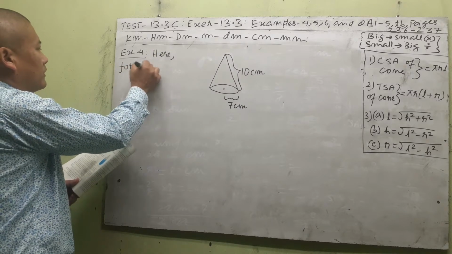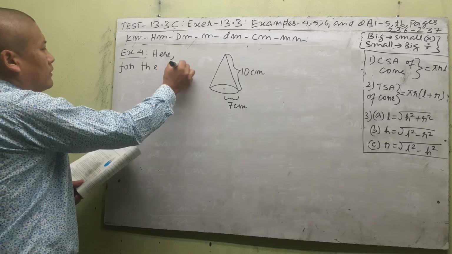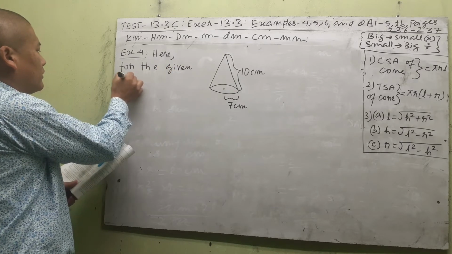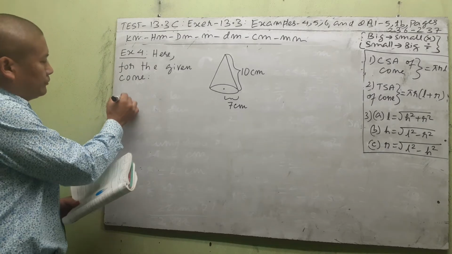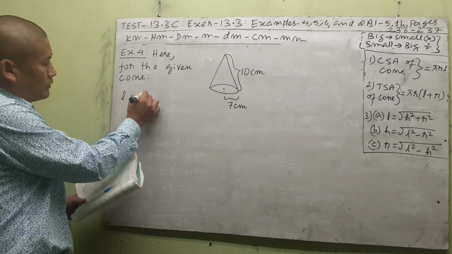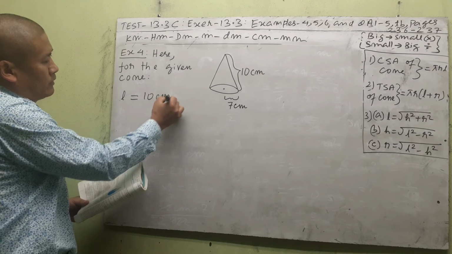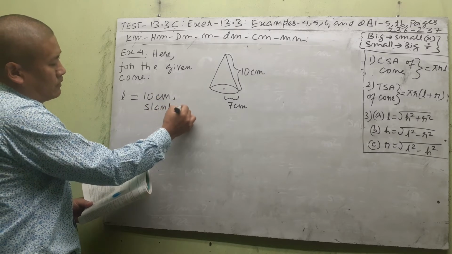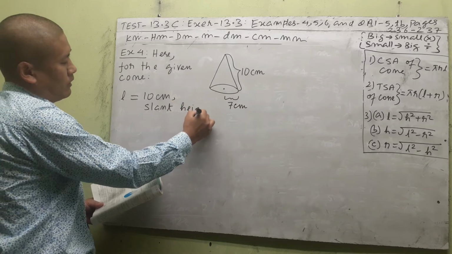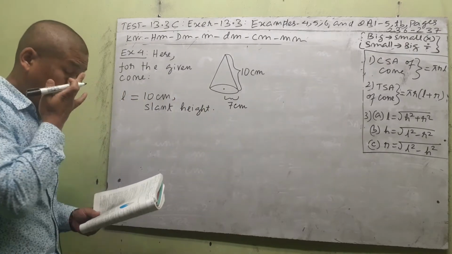So here for the given cone, here L is equal to 10 centimeter as its slant height, okay, slant height.